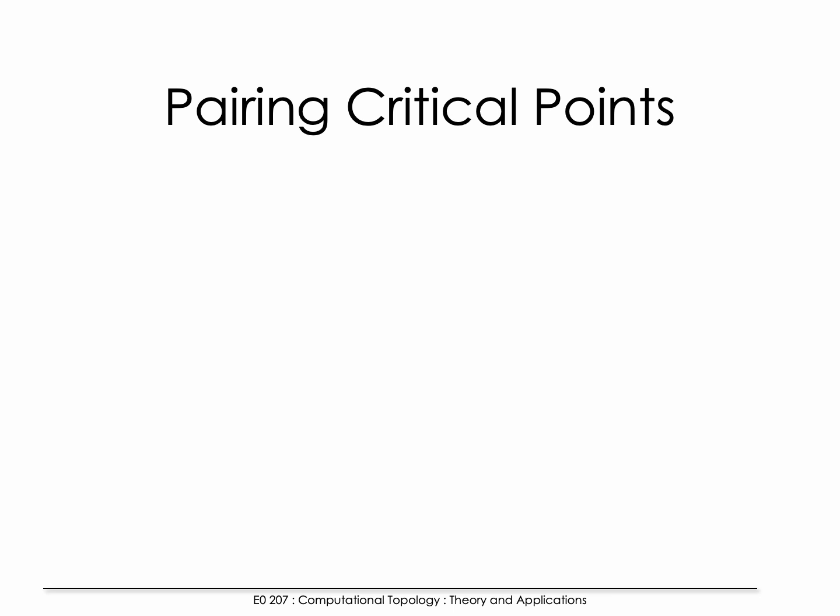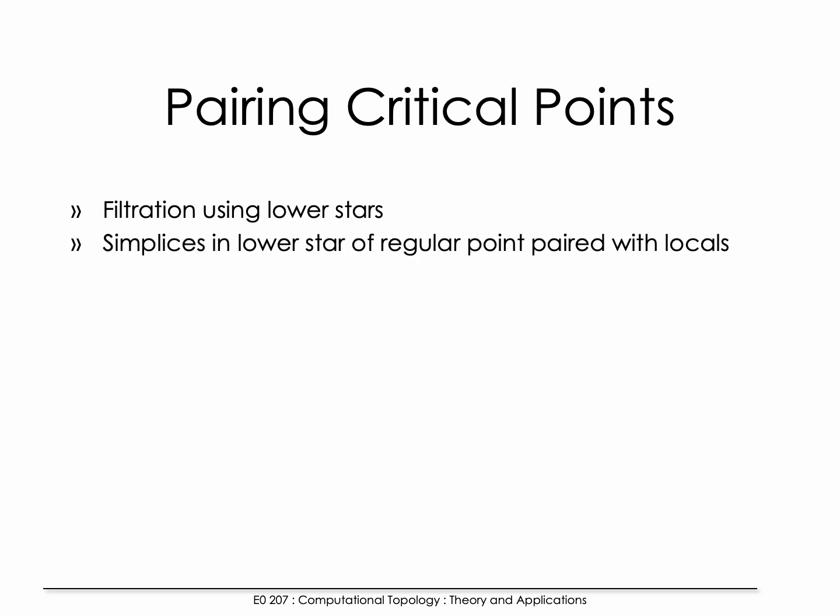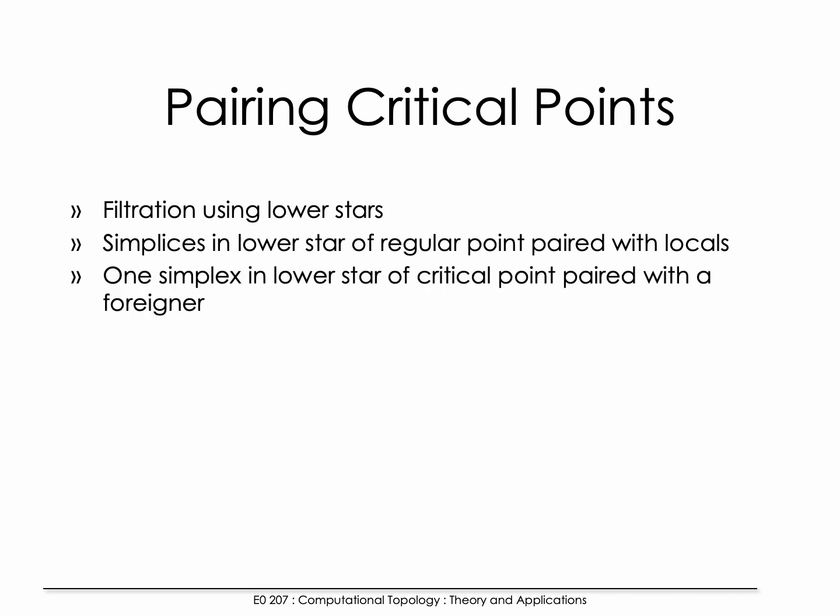To summarize, in order to pair critical points, we looked at a filtration using lower stars. The simplices that belonged to the lower star of a regular point were paired with local simplices, and for the critical point, one of the simplices was paired with a foreigner, with somebody outside of the local neighborhood.